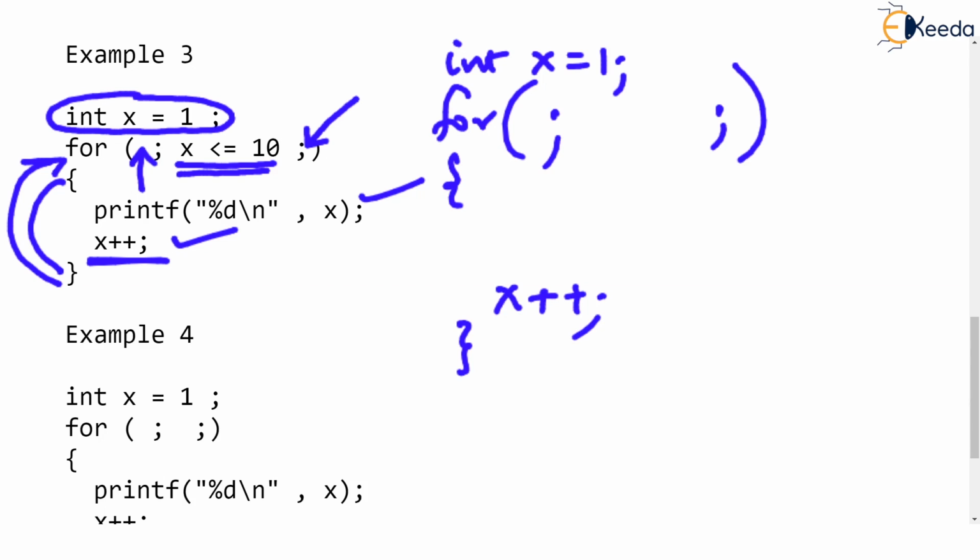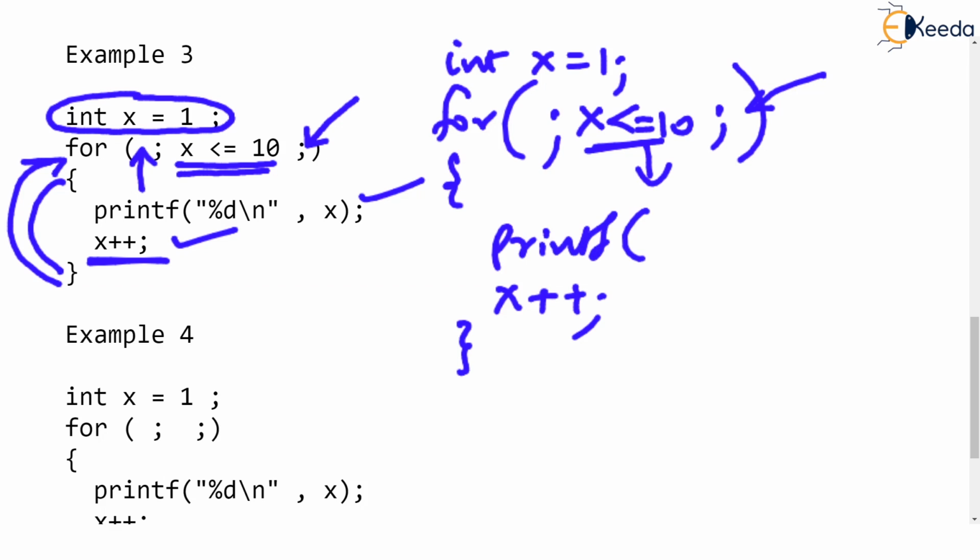As we are increasing x, there is no change in the header. But we have said x should be less than or equal to 10. Only if this condition is true, then repeat the for. And we have obviously printed the value of x, just as we did earlier. So what will be the output of this? Output of this will still be 1 to 10. Isn't it so?